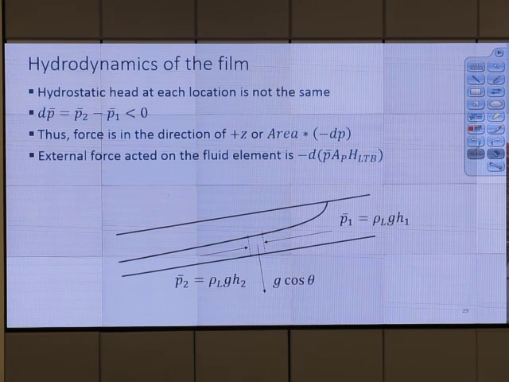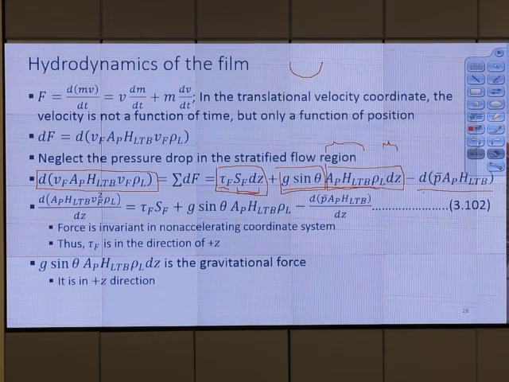So we have external force acted on the fluid element, which is outside push against the boundary. Outside push against the boundary is minus P bar AP HRTB. We put it back. That is this term. All right. Good, right? So force that acted upon the fluid element equal to MA, or the momentum by dt, which is this term. Like summation of F equal to MA or something.